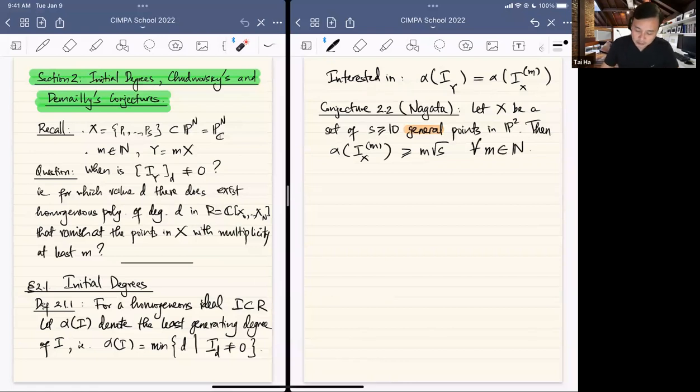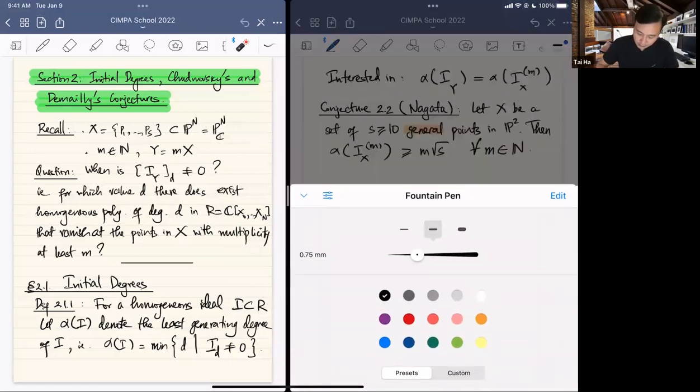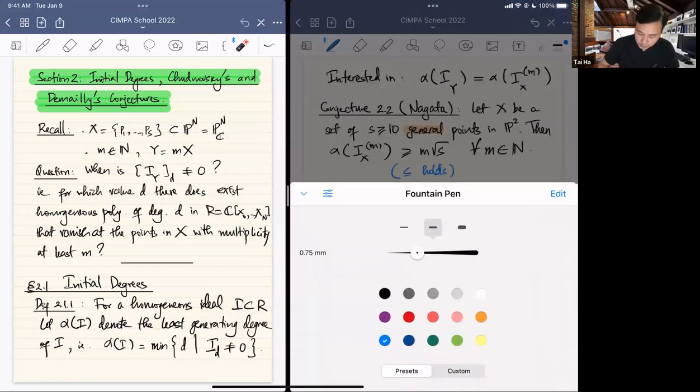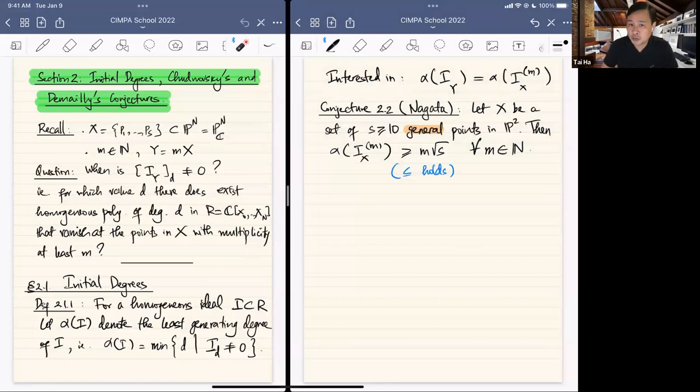In fact, it can be proved that this equality actually holds. No, sorry, that's not true.